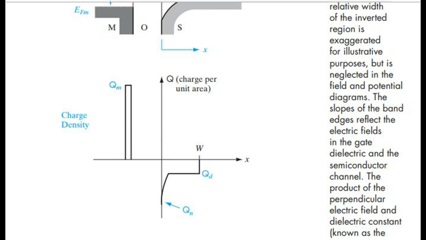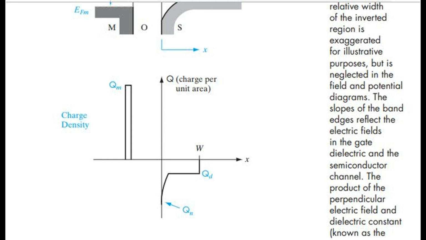The voltage across the insulator is obviously related to the charge on either side, divided by the capacitance, where εi is the permittivity of the insulator and Ci is the insulator capacitance per unit area. The charge Qs will be negative for the n-channel, giving a positive Vi.